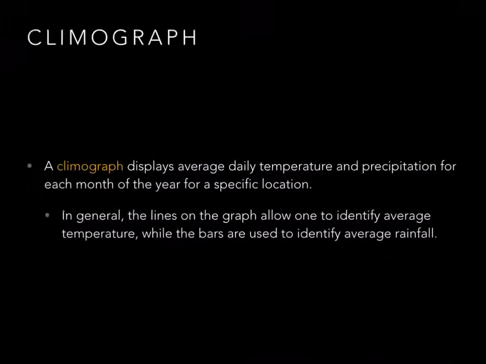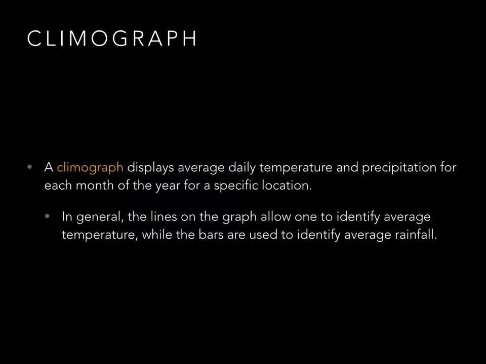Interpreting climographs. A climograph is a useful tool. It displays average daily temperatures and precipitation for each month of the year for a specific location. In general, the lines on the graph allow you to identify average temperature, while the bars are used to identify average rainfall.